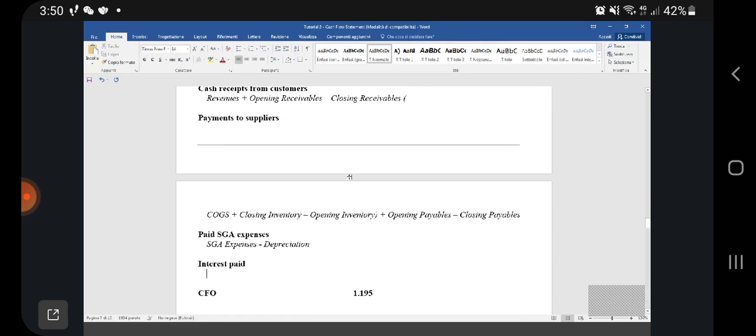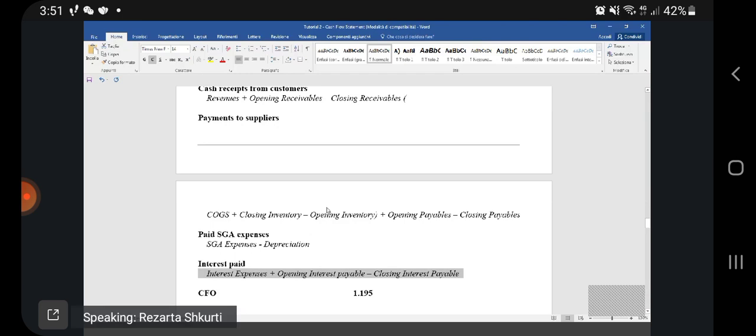Interest paid would be equal to interest expenses plus interest payable opening balance less closing balance of interest payable. So this is basically the formula. If you properly follow them, there should be no problem calculating the cash flows from operations with the direct method.